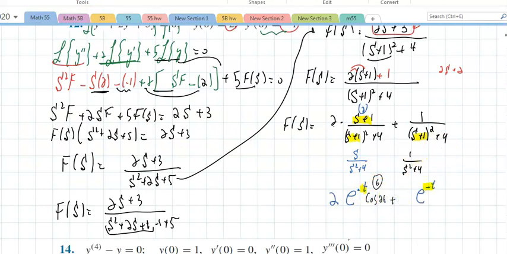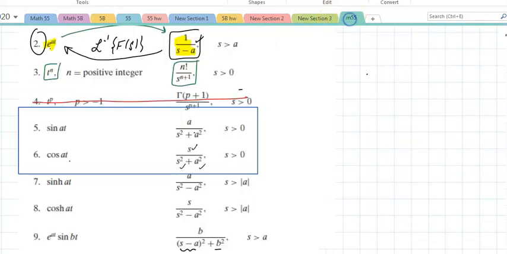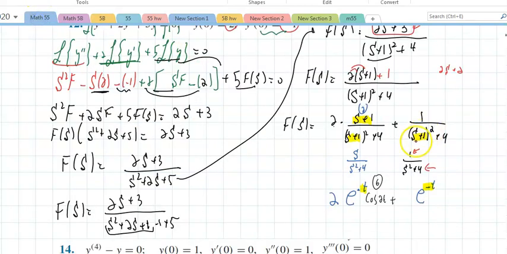Plus, here, I'm looking at s squared plus 4, and there's a number there. To go from a number, s squared plus 4, they need this to be the square root of that for you to be able to go to sine. So you have to modify that slightly by saying, well, I could multiply by 2 and make that a half. This will be by 5, the sine of 2t.